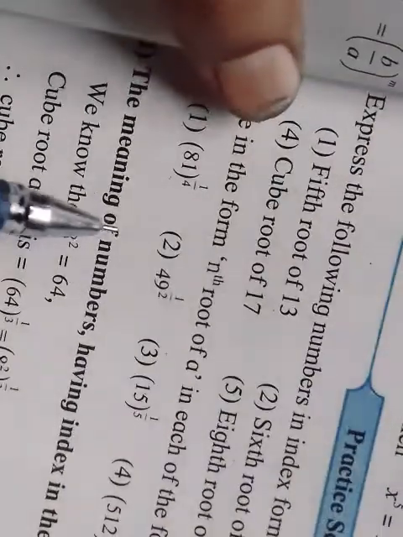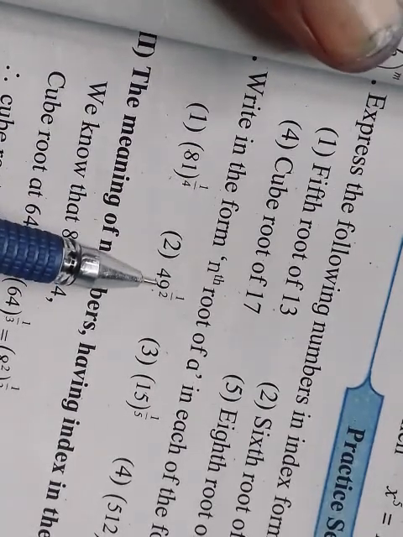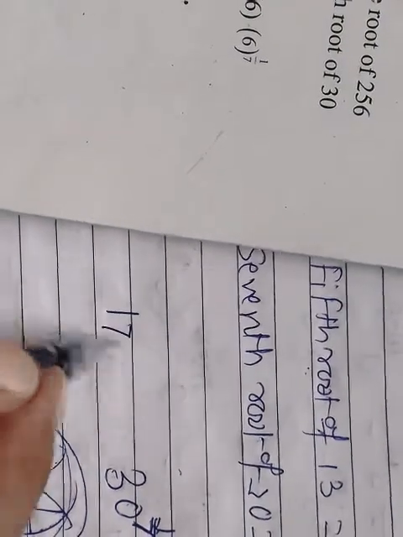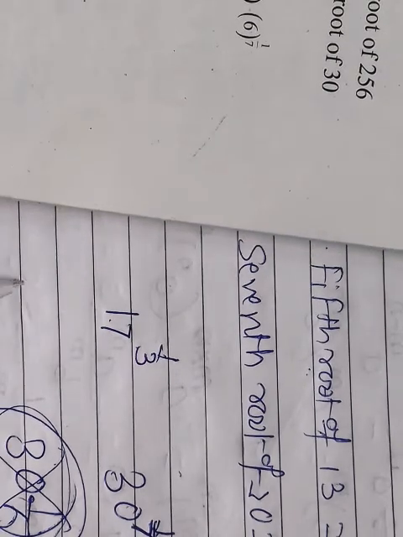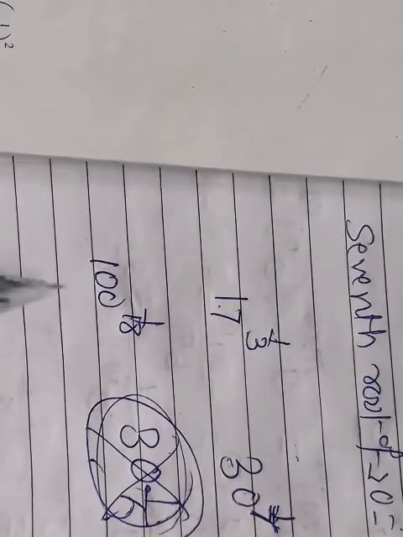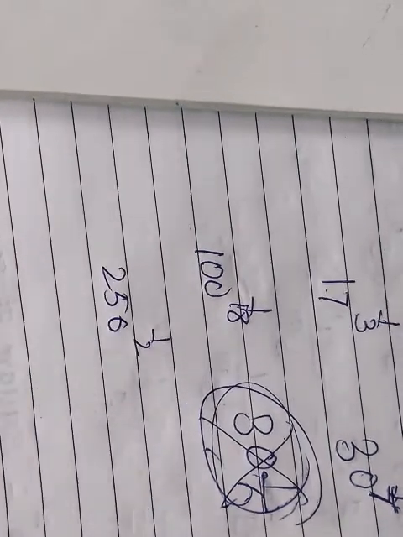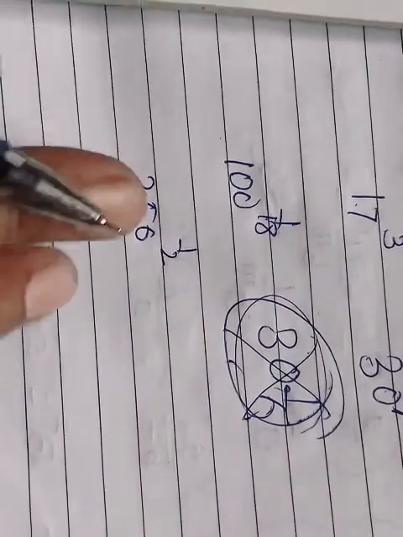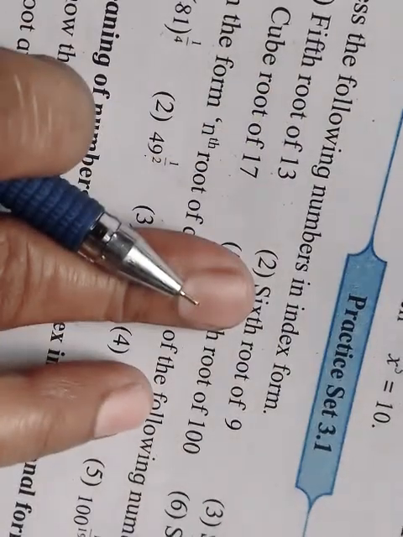Here, as they have given, the dark one and then the small one written; like that only you should write. Cube root of 17 means 17 to the power 1 upon 3. 18th root of 100 means on 100, 1 upon 18 is there. Square root of 256 means 256 and 1 upon 2, it is called the square root of 256. This is how it is written as index form.